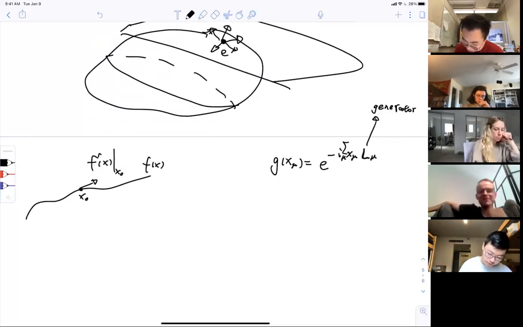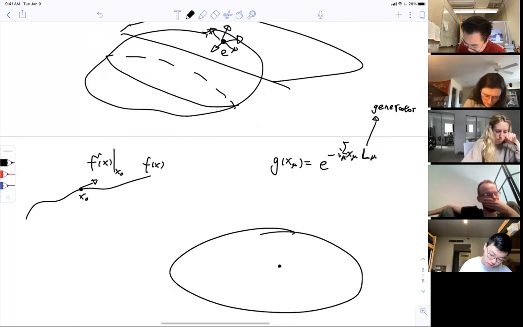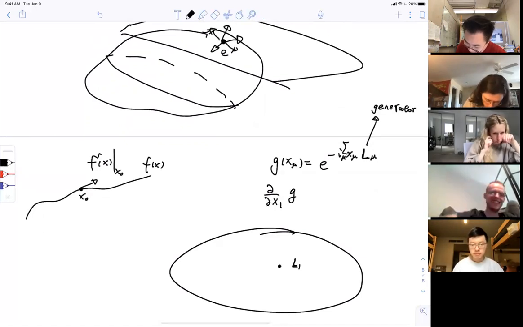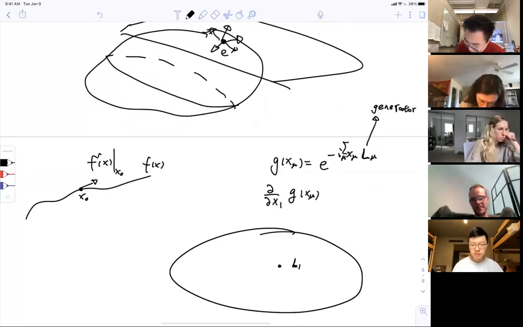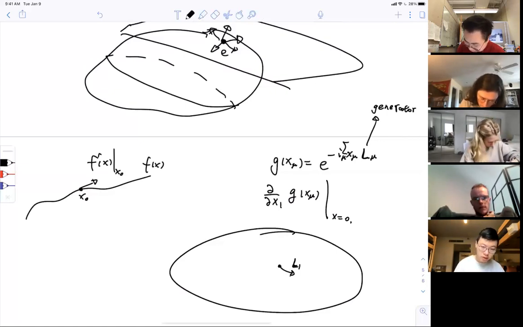Okay, so now let's say we have a manifold. Now I ask you, what is L1? L1 can be obtained by taking a derivative of this guy at the identity. This tells us L1 is nothing but a tangent vector at the identity.